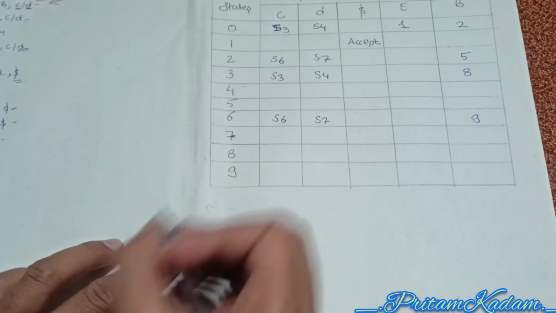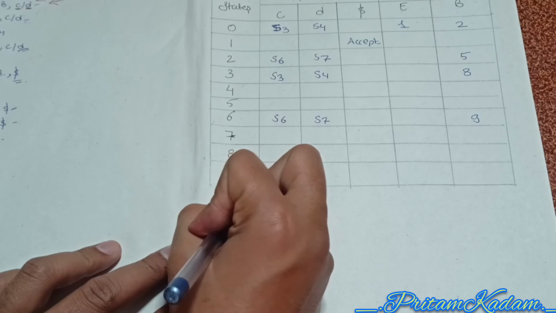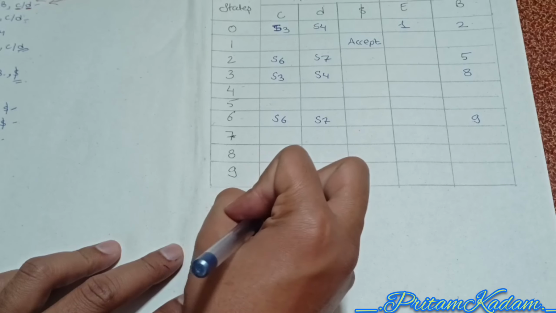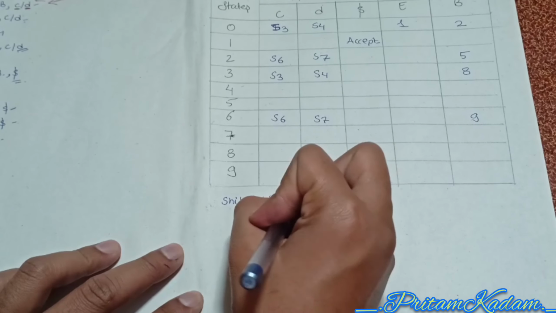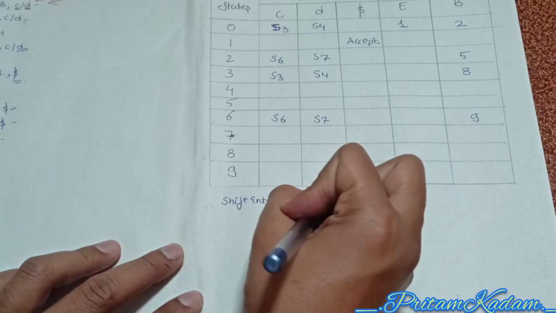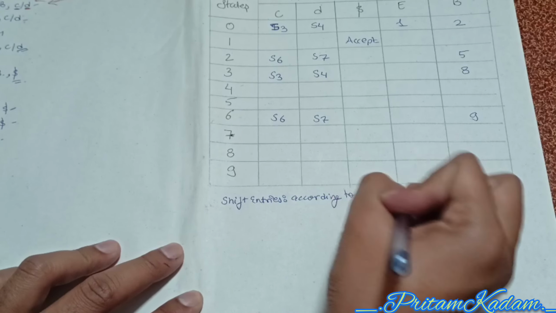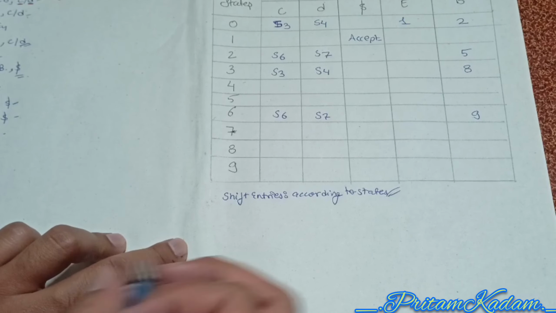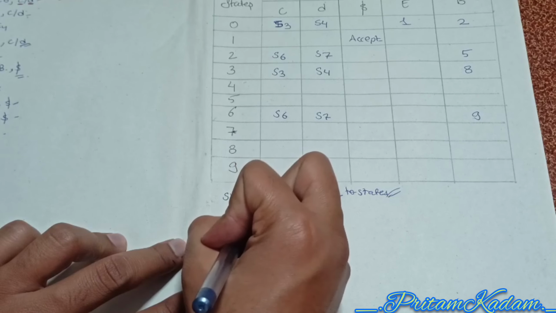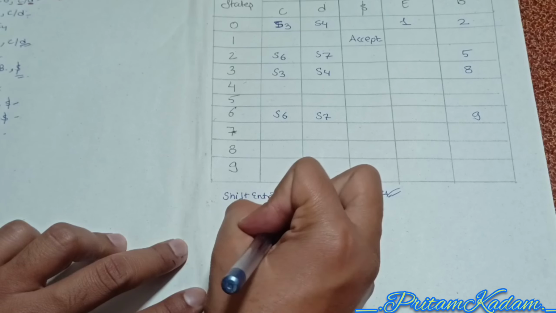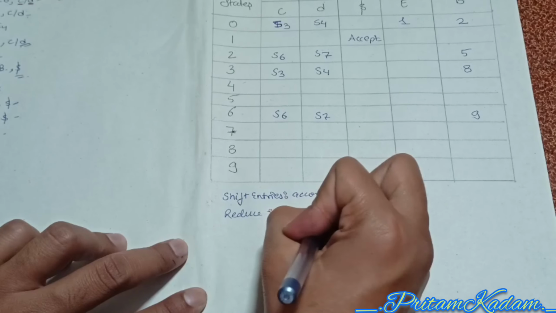Okay, we just wrote the S part in the action and the number itself in the go to part because of the states. Okay, shift entries according to the states. Now for reduce entries we will see the look ahead part. Okay, so reduce entries, look ahead.